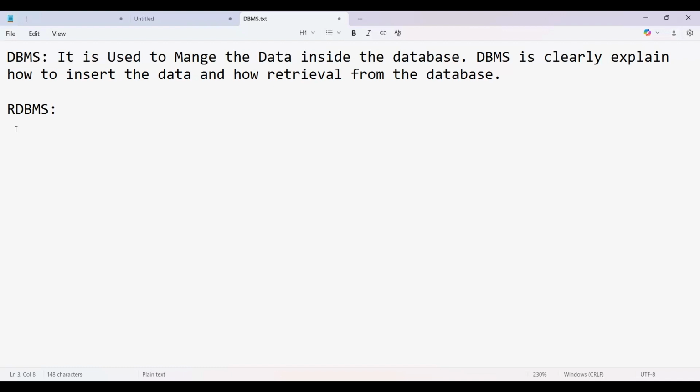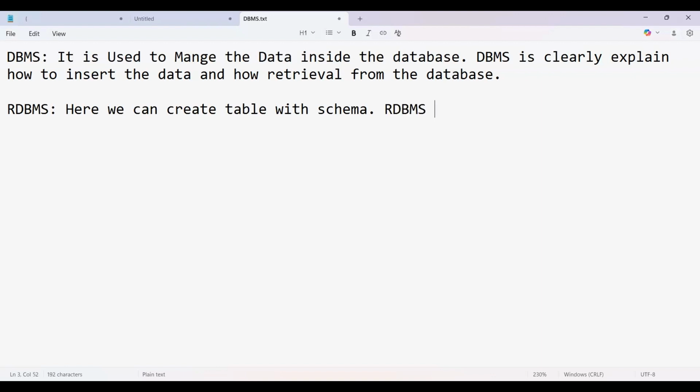Here in RDBMS, we can create a table with schema. Schema is nothing but database.